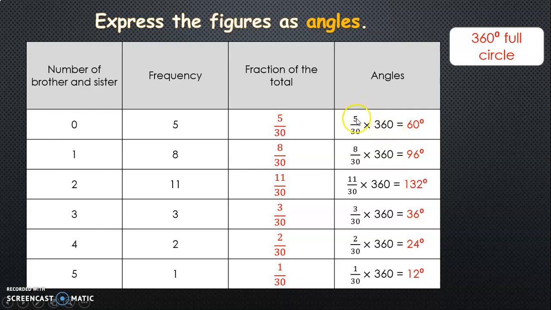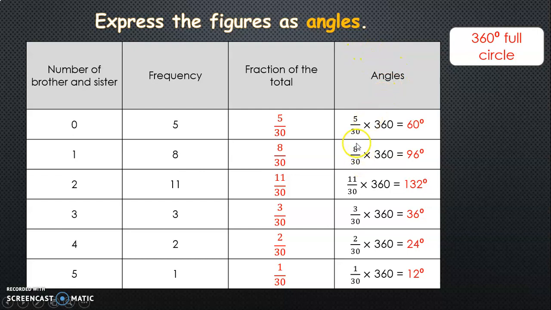So if we get 5 over 30 multiplied by 360, we will get 60 degrees. Don't forget, when we are talking about the angles, the unit or the symbol that we need to put. If we are talking about the percentage, you put percentage.